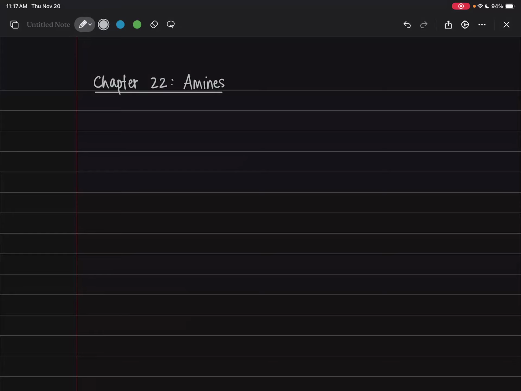Okay, so amines, the name of the game here is nitrogen. Amines are derivatives of ammonia. That's one way to think about it. Or you could just say that they're substituted nitrogen atoms.